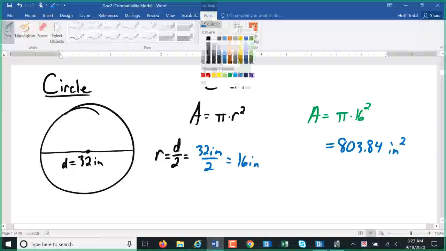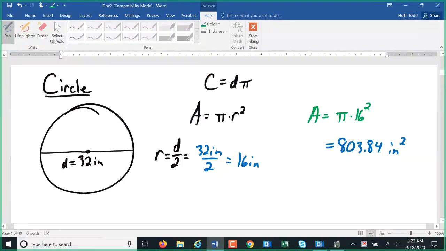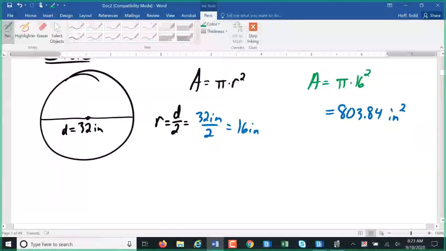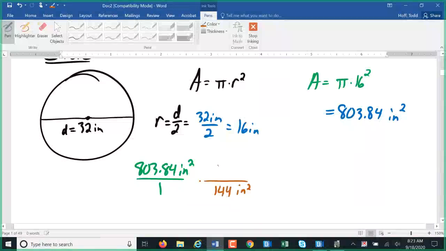Square inches. Seems like a huge number, but if we convert that into square feet, put the 803.84 over 1 square inches on bottom here. 144 square inches is 1 square foot. Square inches cancel out. 803.84 times 1 square foot is 803.84 square feet.